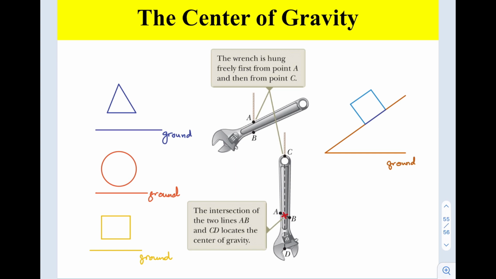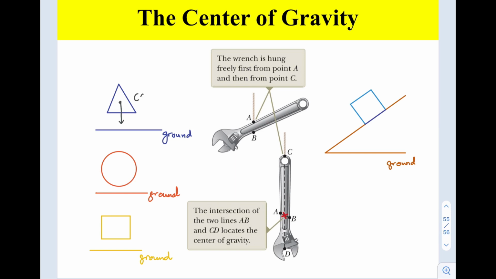Now with regard to the ground of the earth, we want to know what the center of gravity is. It means where is the center point where the gravitational force acts on the object. The weight is going to be acting like this.